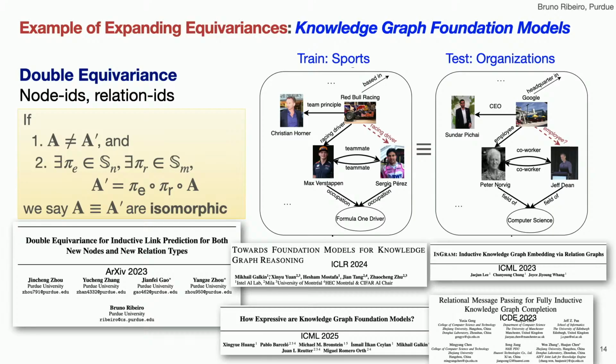And the idea is essentially just defining what a symmetry, what isomorphic graphs mean when you have different relations, okay? So what we are saying is that this graph is isomorphic to this graph. How do we do this? We define an equivariance both on node IDs, which is the standard way to do equivariances on graph neural networks, and also the relation IDs. So if you think about this adjacency tensor, we have entity, entity, relation.